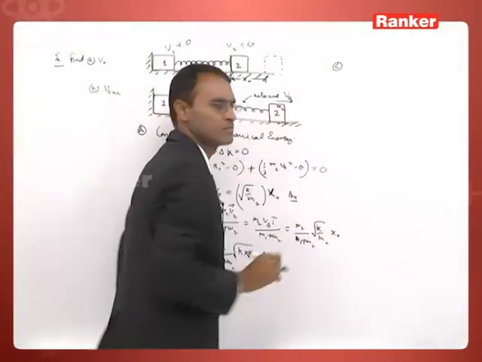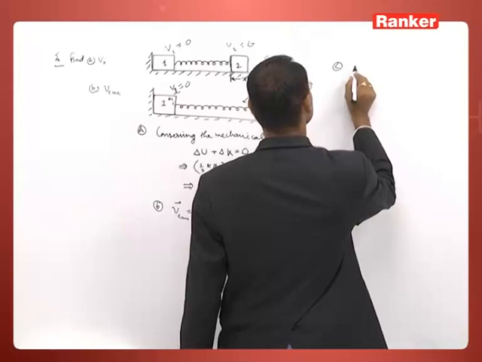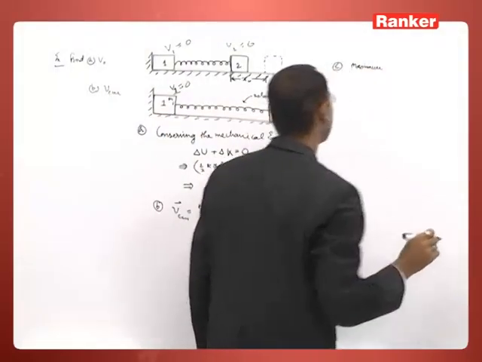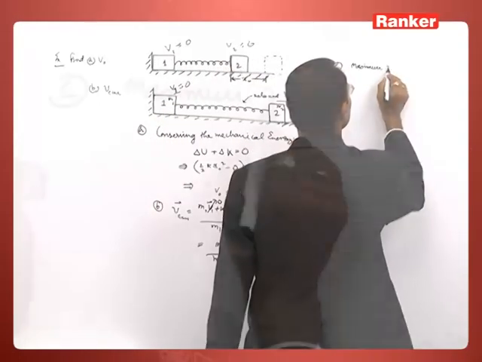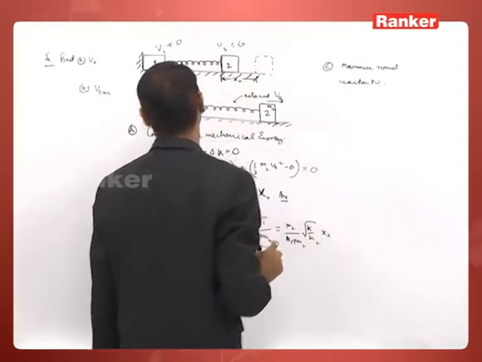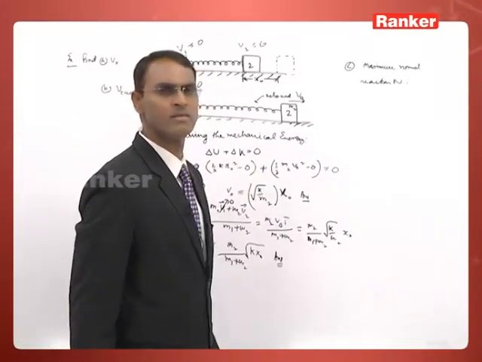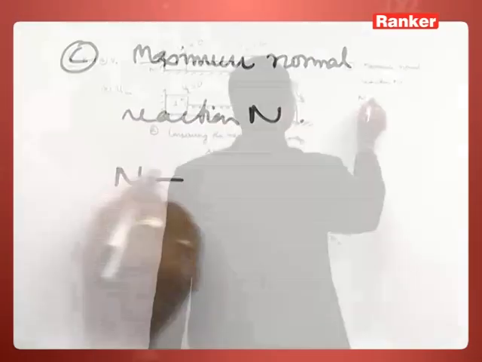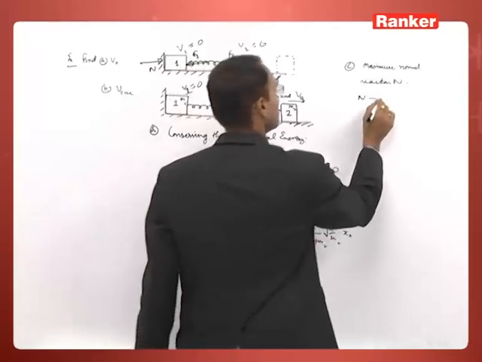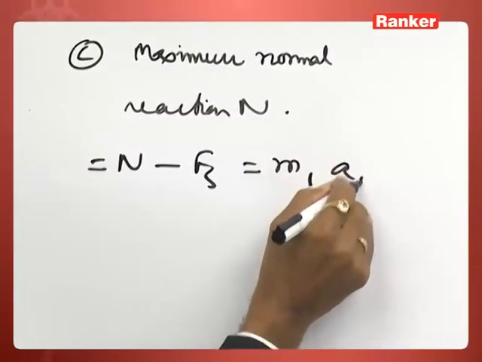Next we can find the maximum normal reaction N. N is maximum only when x is maximum, because N minus spring force is equal to mass of block 1 into acceleration of block 1, that is equal to 0.